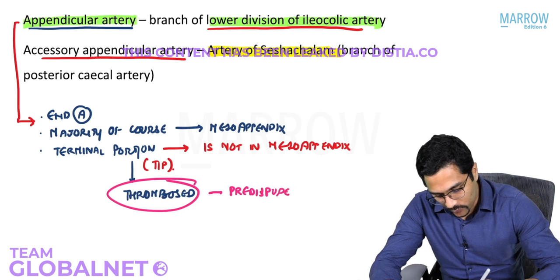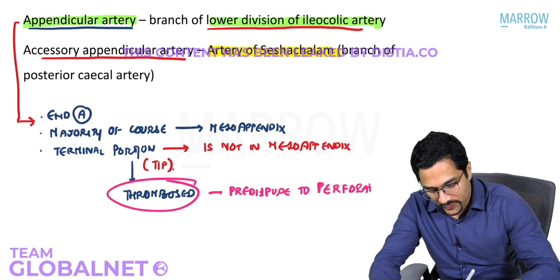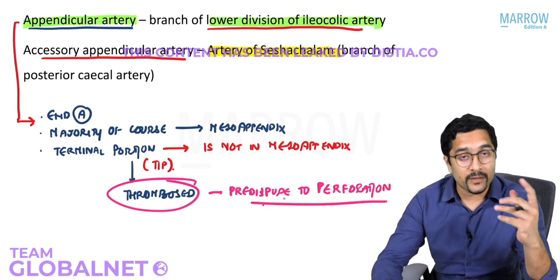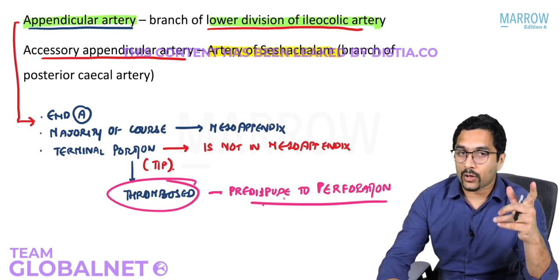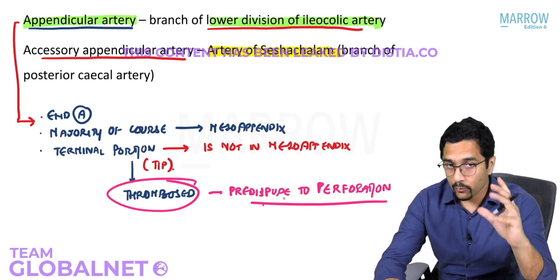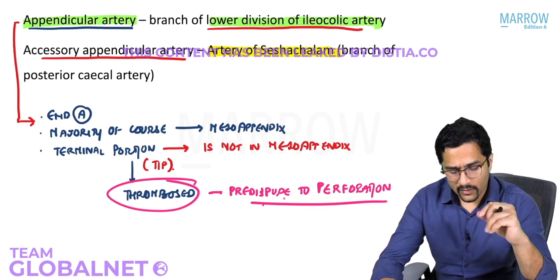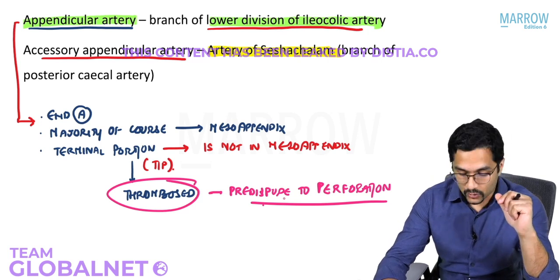And that is why when I talk about appendicular perforation, I will tell you that appendicular perforation is most common where? Correct, at the tip of the appendix, because this vessel gets thrombosed and that tip area can easily break open. So that is the most common site for perforation in appendix as well. So these are the points in the surgical anatomy which I wanted you to know.